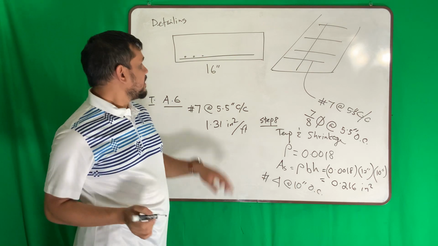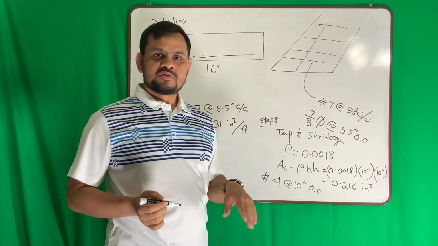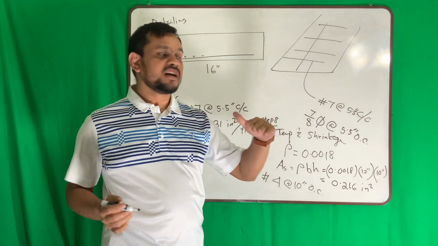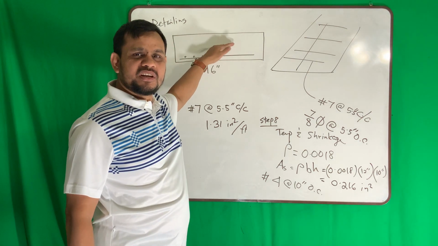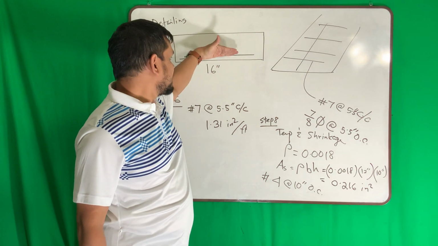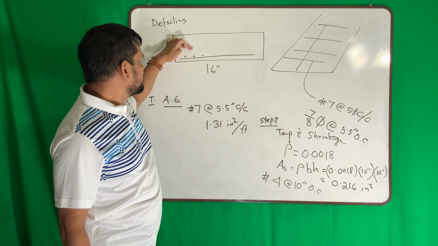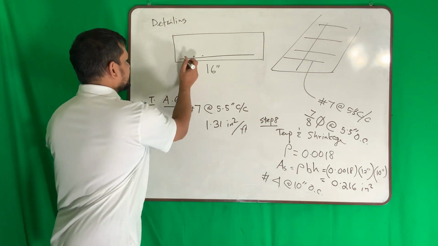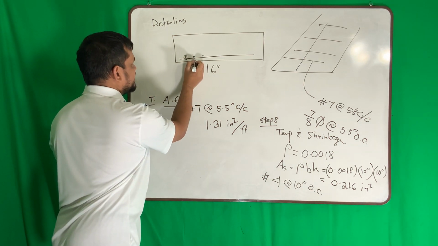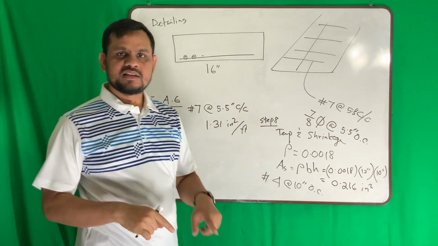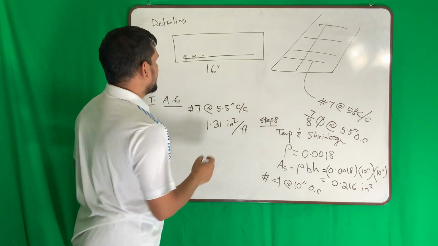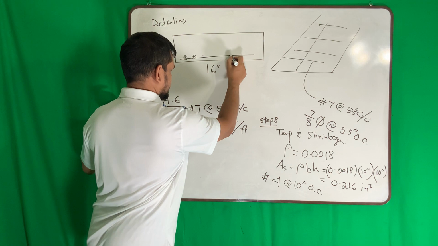Now why up? Because temperature and shrinkage reinforcement ideally should be at the middle of the section. But it looks very odd. One layer here, other layer here. So we try to put it on top of this bar and then tie using this GI cable. Okay, so what is this?